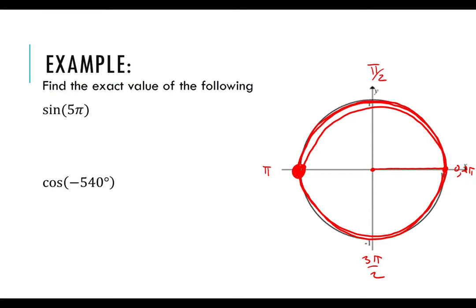So 5 pi radians ends up right there on the unit circle. That is our angle, which means that we're now looking for the y-coordinate for this ordered pair, but of course that ordered pair on the unit circle is the ordered pair negative 1, 0. So the y value for 5 pi is 0.